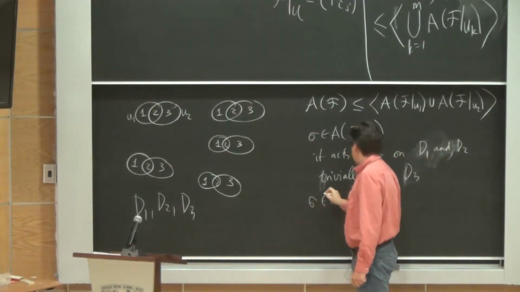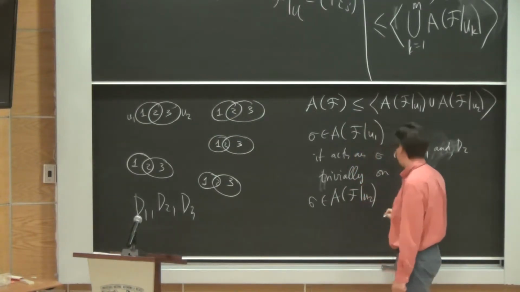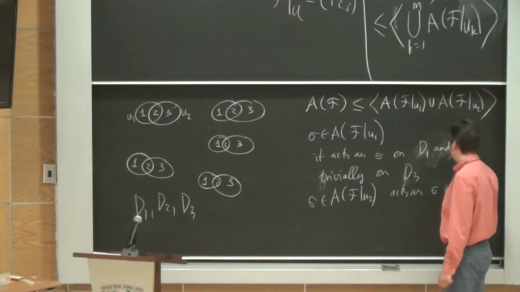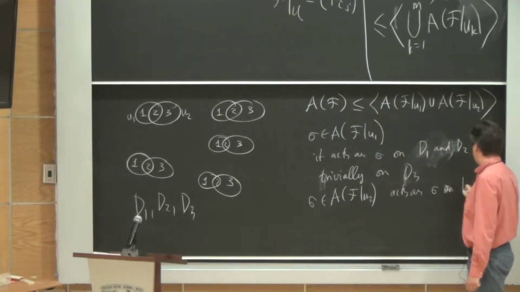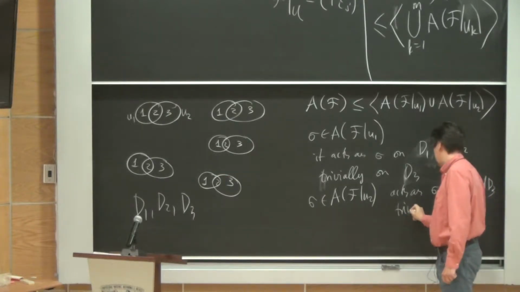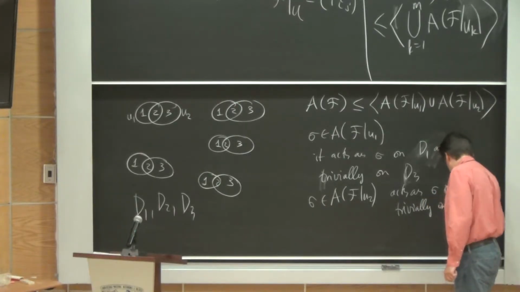And a permutation sigma in A(F restricted to U_2) acts as sigma on D_2 and D_3, trivially on D_1.